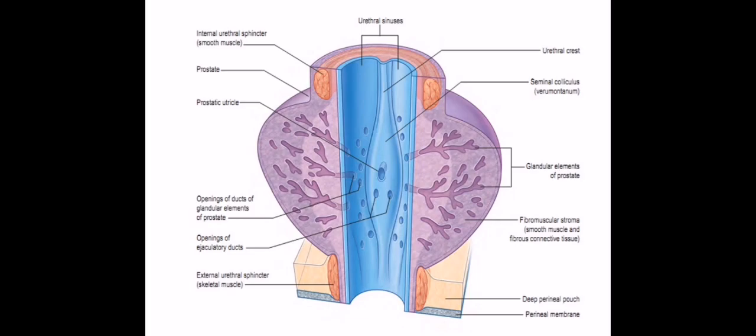On both sides of the prostatic utricle open the two ejaculatory ducts. This is about the prostatic urethra.